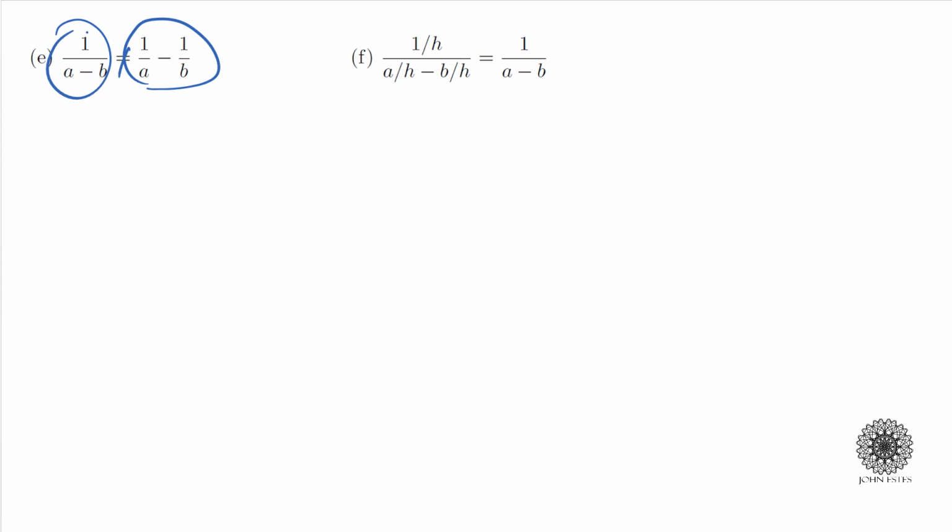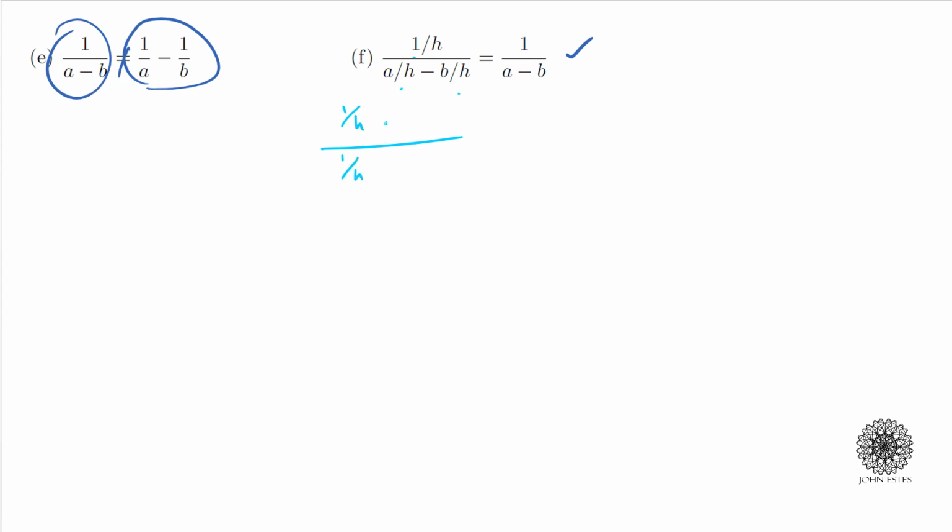All right, this last one, (1 over h) divided by (a over h minus b over h) equals 1 over (a minus b). We are going to say true. So this goes back to the factoring thing, and you wonder, well, what can we factor here? I noticed that there's this over h in all my terms here. So what I could do is take out a 1 over h out of my numerator and my denominator.